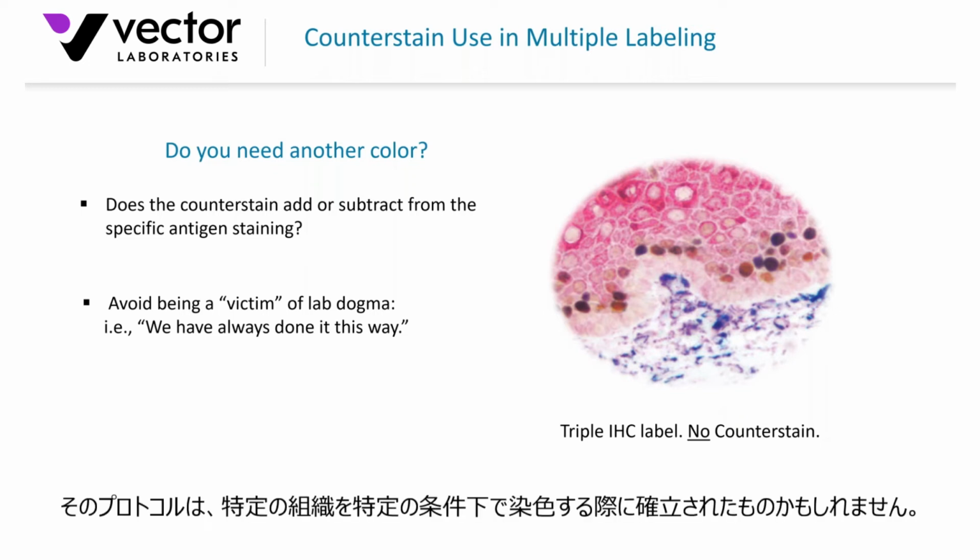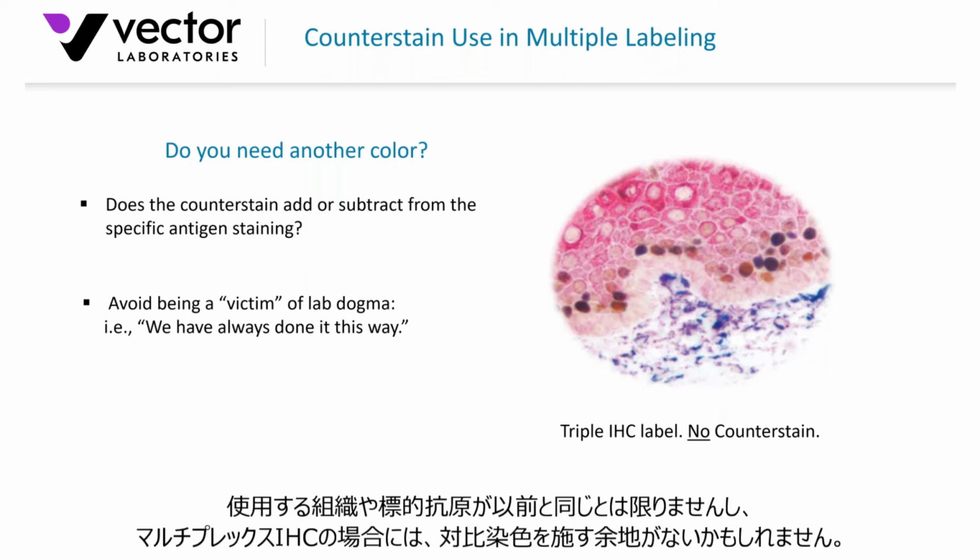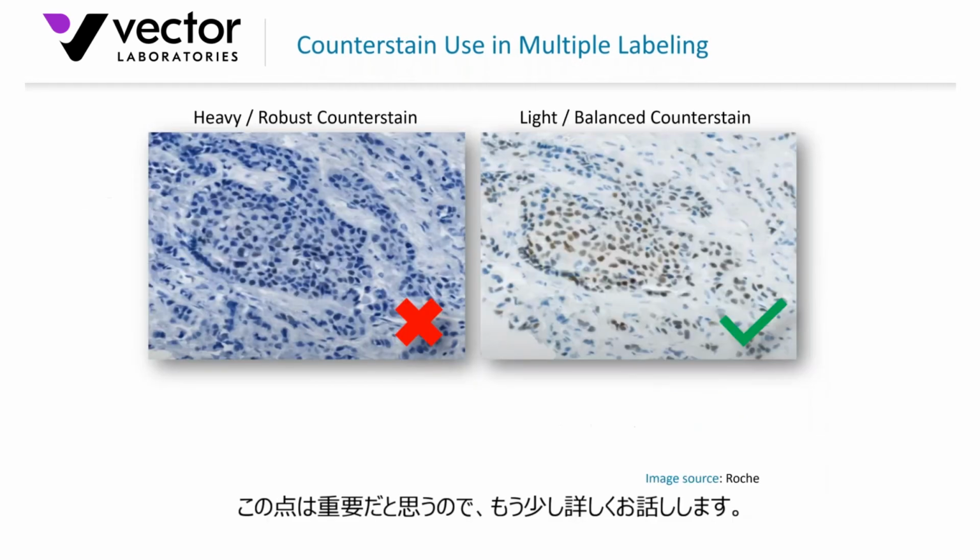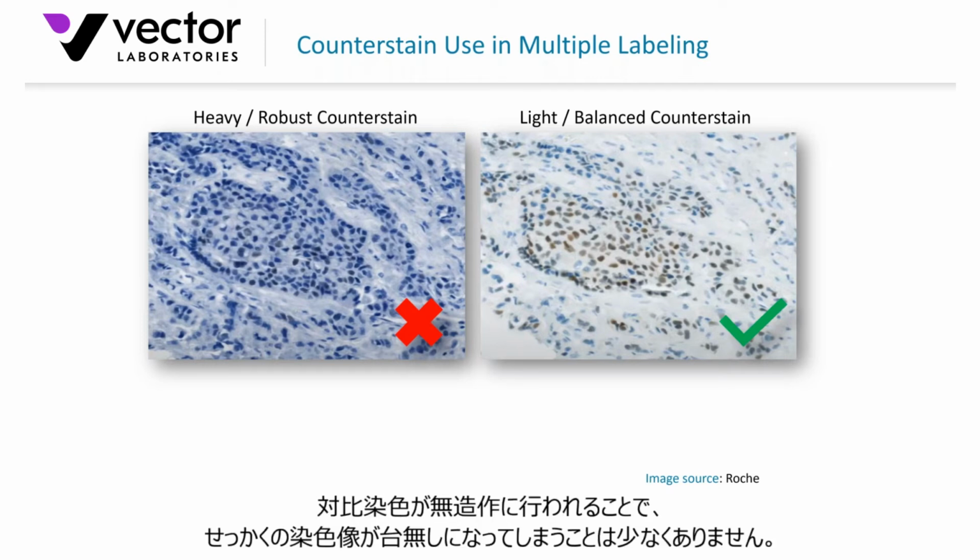Well, that's well and good, but maybe once upon a time when that SOP was established, you were just doing single labeling, or something with an inherent pigment like I showed before, with a single label and the hematoxylin, and that worked well. But maybe your staining has evolved, and indeed the specimen has evolved. You've changed specimens. You're looking at different target antigens, and now there's no real place to apply a counterstain. I'm just going to hammer this point a little bit because I feel this is very important. A lot of people just haphazardly throw a counterstain on, and you can really ruin a lot of hard work by doing that.